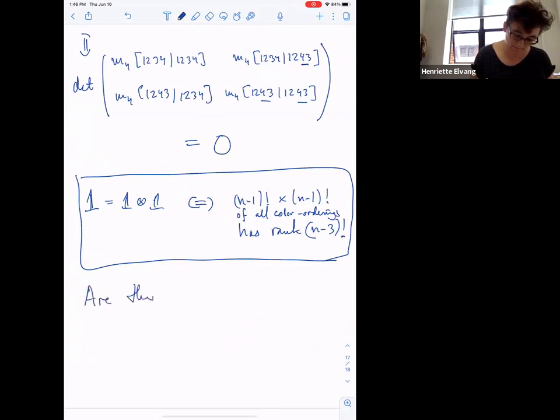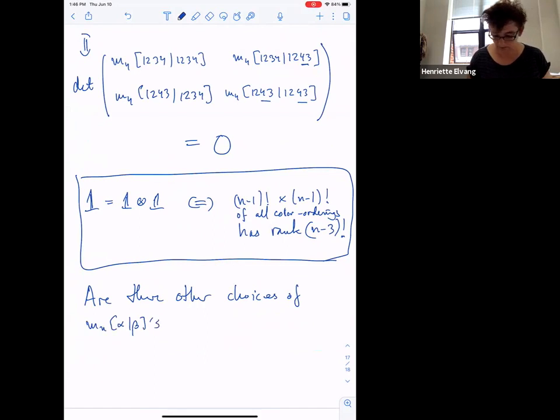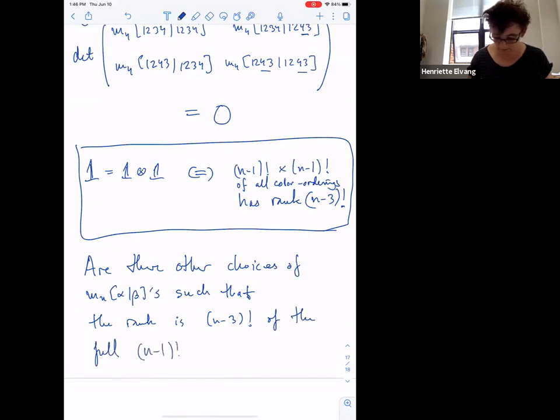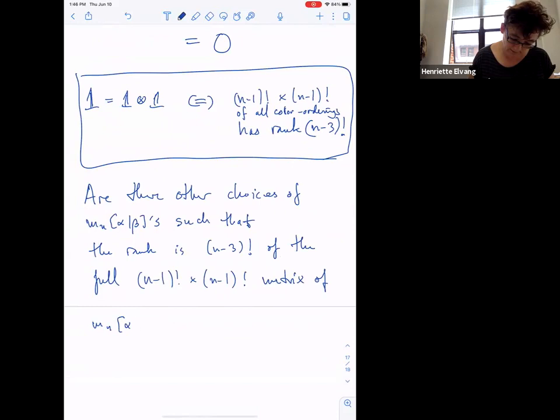So are there other choices of m n alpha betas such that the rank is n minus 3 factorial of the full n minus 1 factorial by n minus 1 factorial matrix of m n alpha betas.